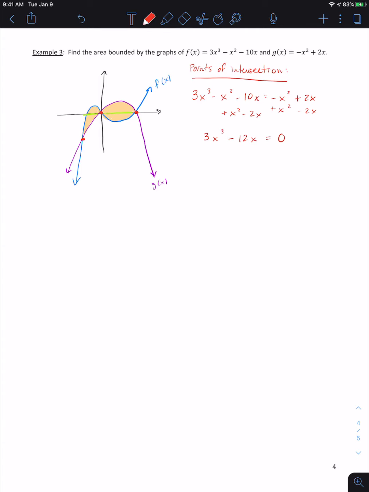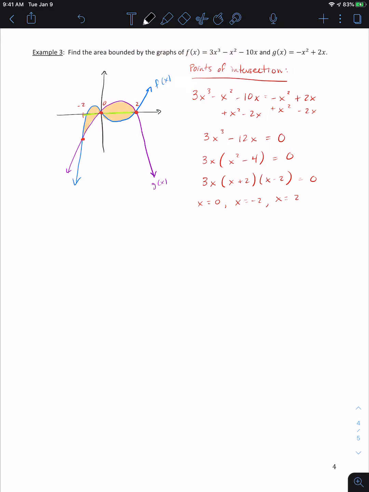In order to solve this, I need to factor out a 3x. So I'm left with x squared minus 4. X squared minus 4 is a difference of squares, so it factors as x plus 2, x minus 2. So I get x equals 0, x equals negative 2, and x equals 2, just like it looked like. So this is negative 2, this is 0, and this is 2.